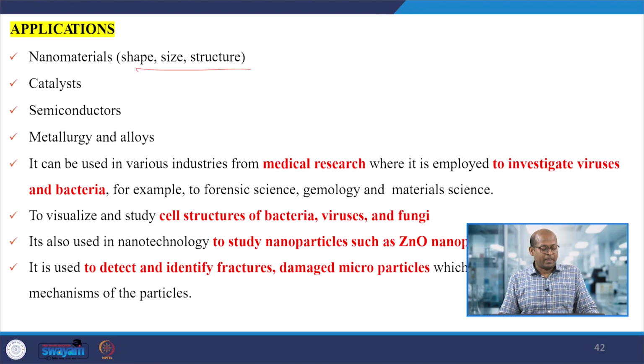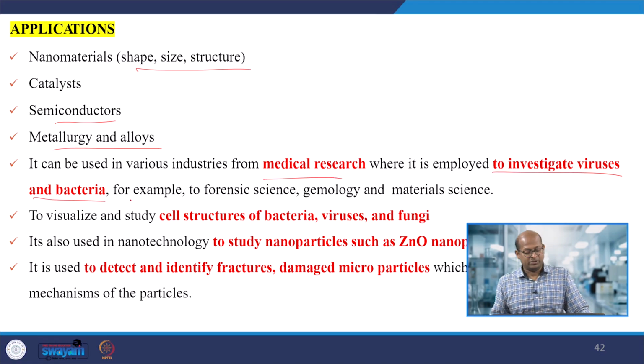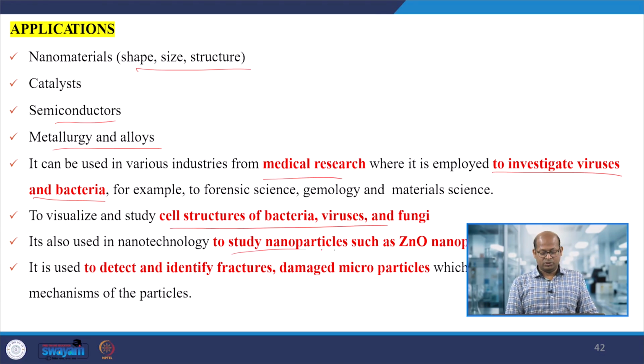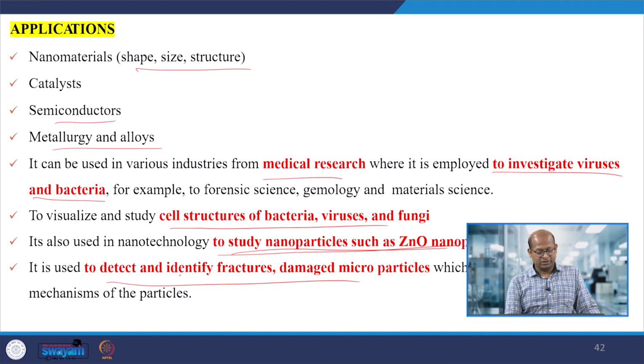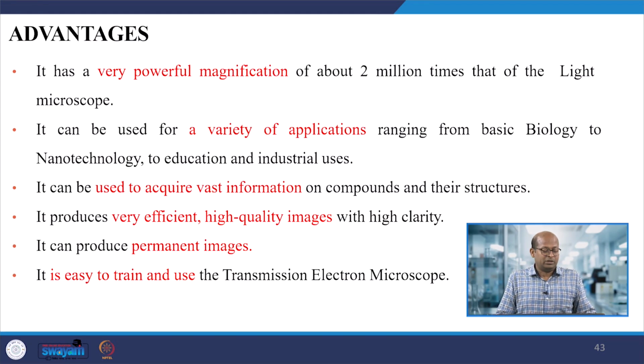Semiconductors also use this characterization. In metallurgy, alloys we prepare can also be analyzed by TEM imaging. In medical research, it is used to investigate viruses and bacteria at the nanoscale, to get cell structures, and to study nanoparticles such as zinc oxide nanoparticles. It can also detect or identify fracture damage in microparticles with the help of TEM images.